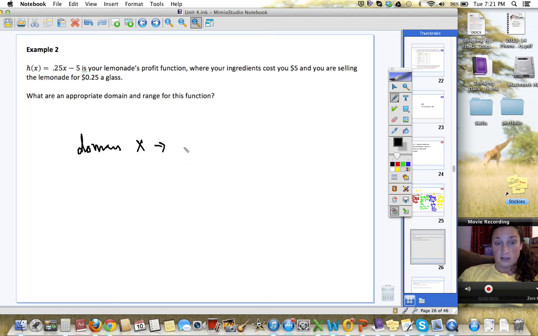So I can sell 0 glasses up to infinity glasses. Do we understand that? So these are my domains, my x values that I'm plugging in, and that x is next to that 0.25, and that 0.25 tells me the amount of lemonade I'm selling a glass. So all the glasses that I sell, I can sell 0 glasses of lemonade, or I can sell an infinite amount of lemonade.